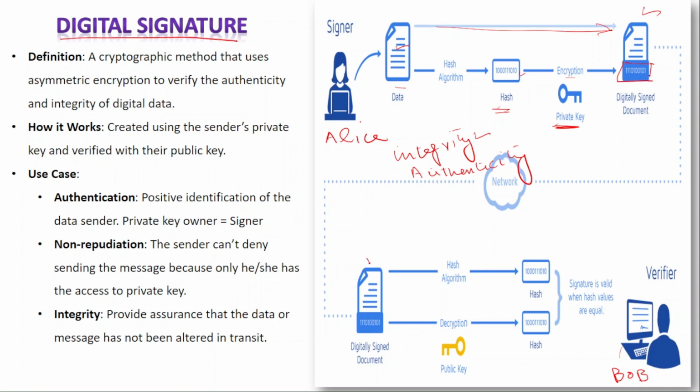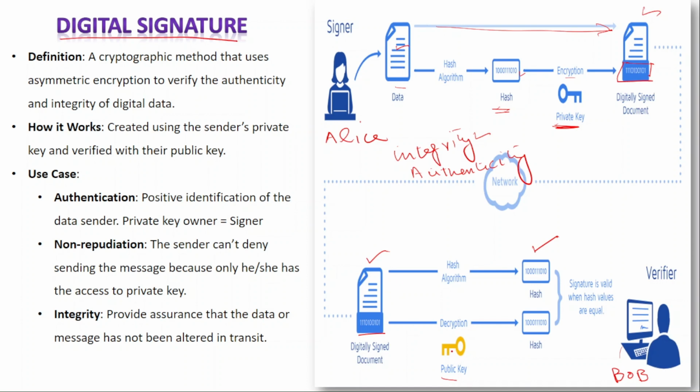Bob has the plain text message. He again takes the hash of this plain text. So he gets a hash, and the encrypted hash value, he decrypts with Alice's public key. So remember, we already studied that a message encrypted with a private key can only be decrypted with the relative public key.